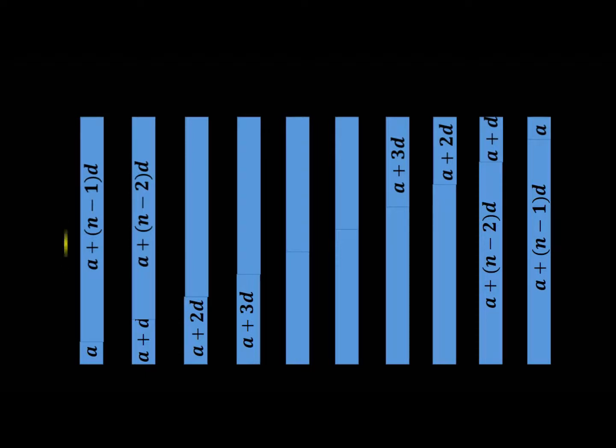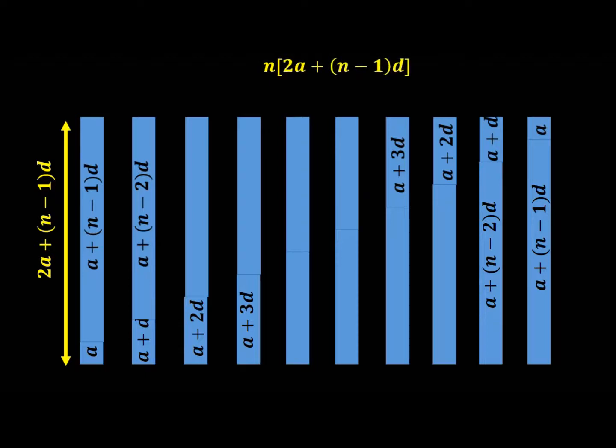Each of these blue bars is now 2a plus (n minus 1) into d. To find the sum of all these terms, all we have to do is multiply this by n, because we have n terms. So the sum of all these terms will be n multiplied by [2a plus (n minus 1) into d].